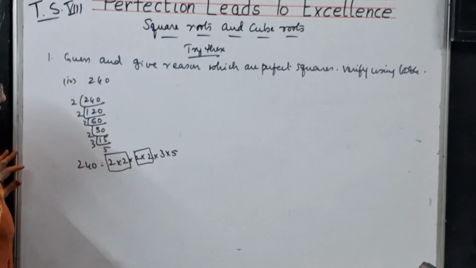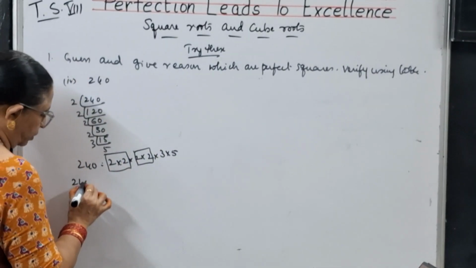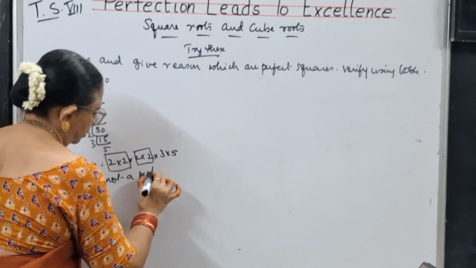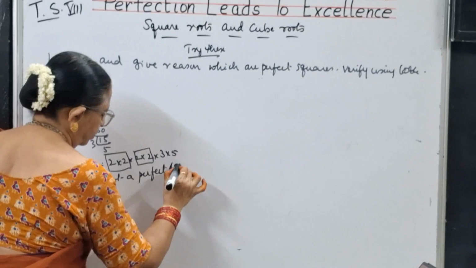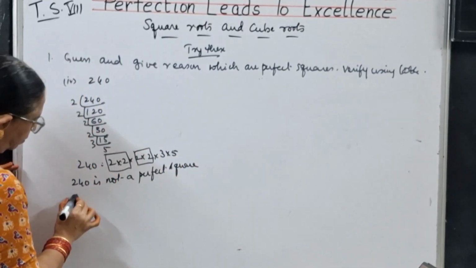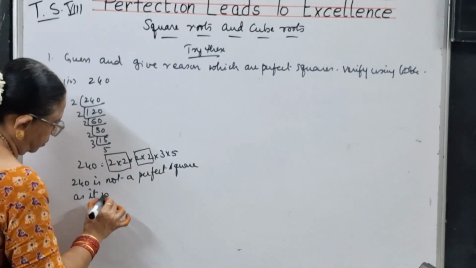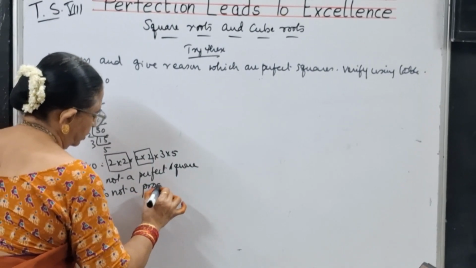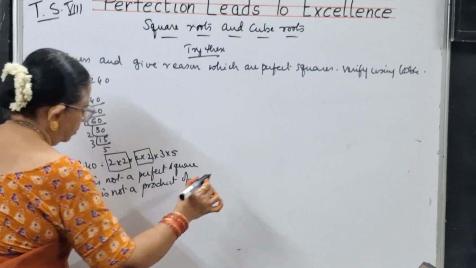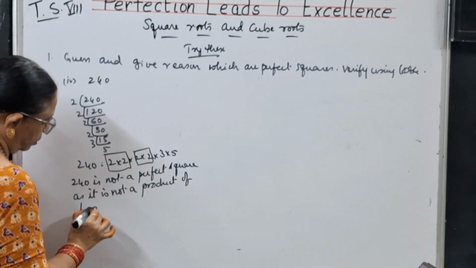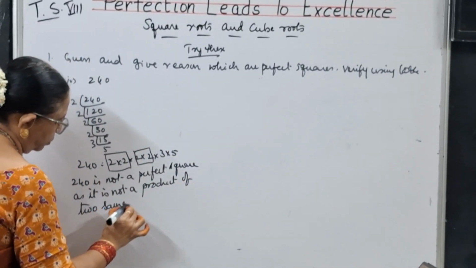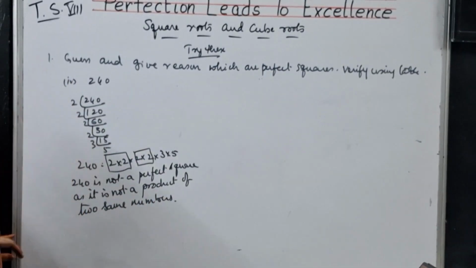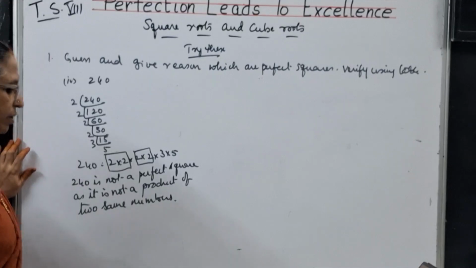But 3 and 5 are different. So we'll say that 240 is not a perfect square, as it is not a product of two same numbers. So you will be saying this.